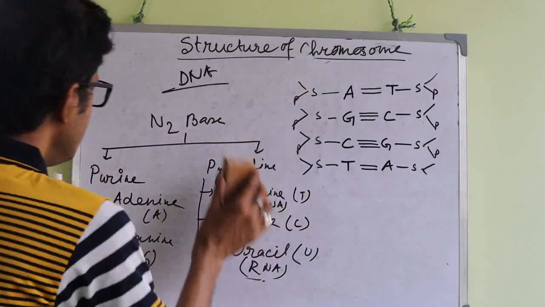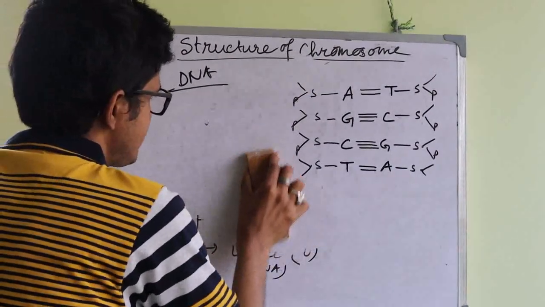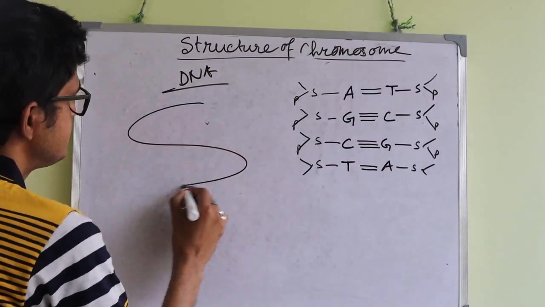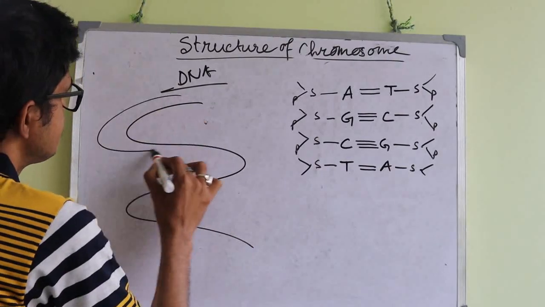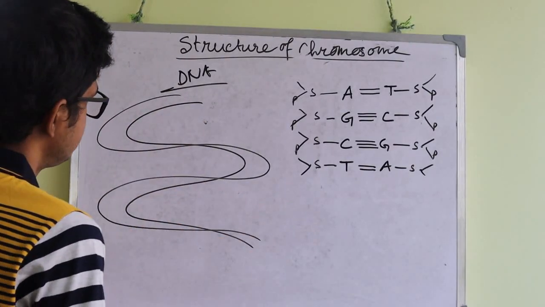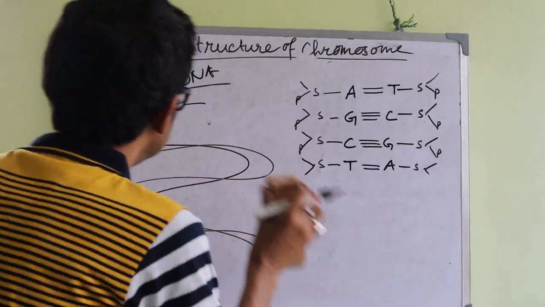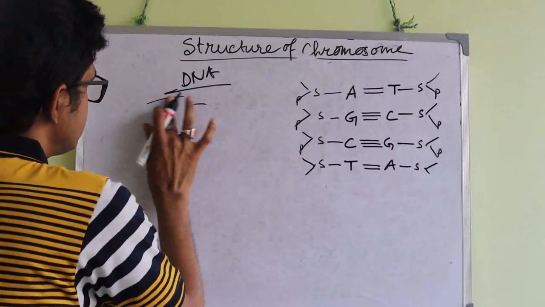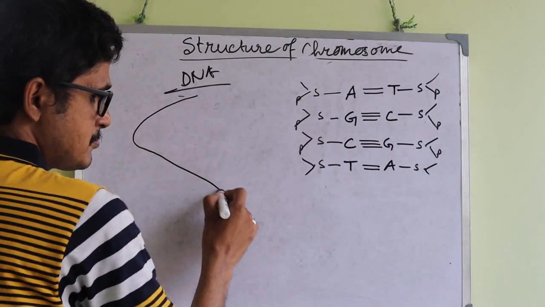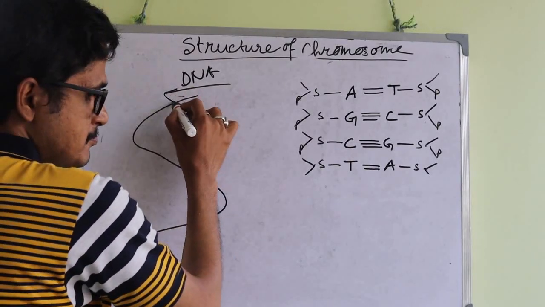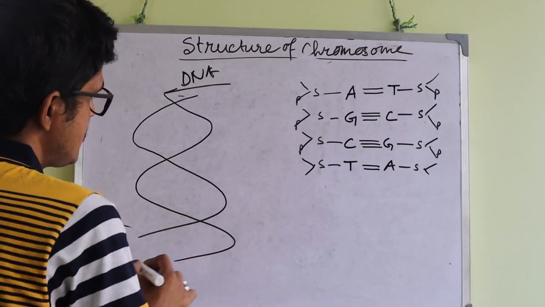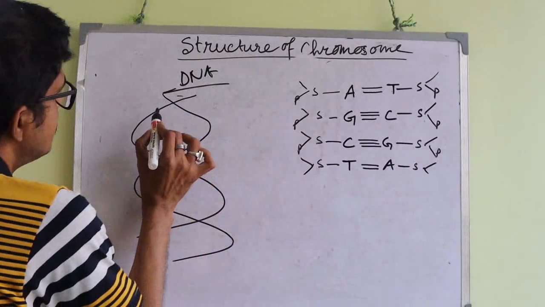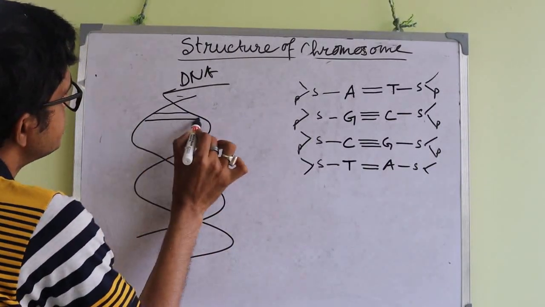Now if I draw the DNA like this, sorry, this is not like this. Okay, now if I draw the DNA like this, the nucleotides are present in this way.